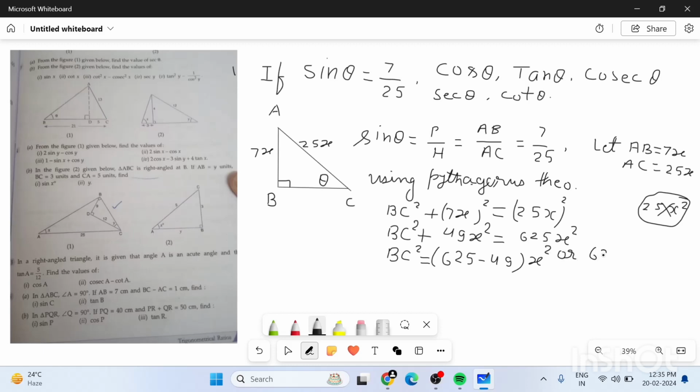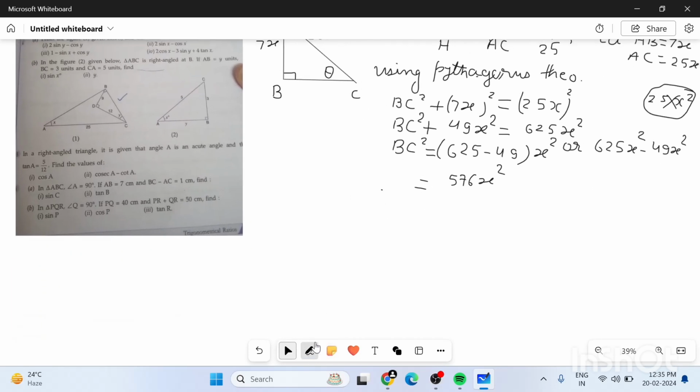The difference of these two will be 576 x square, and on finding its square root, BC is the square root of 576 x square, and that is 24x.